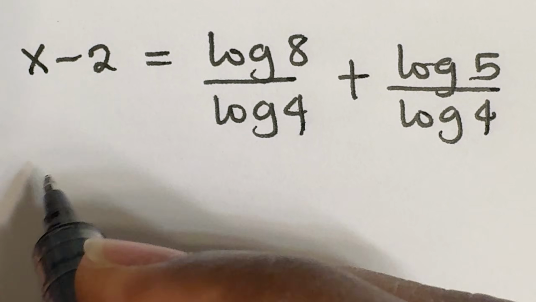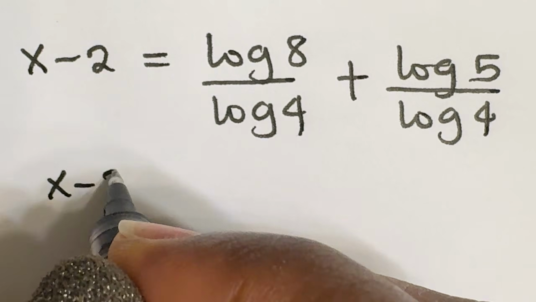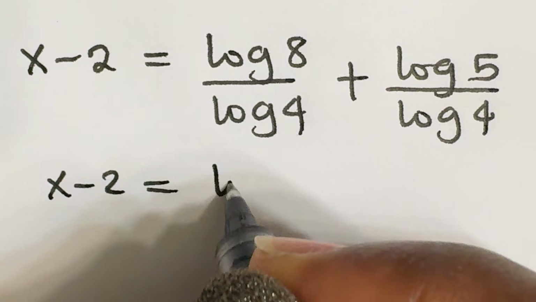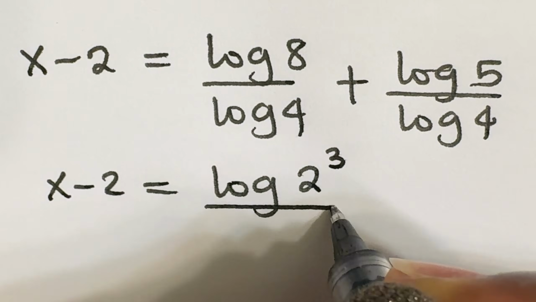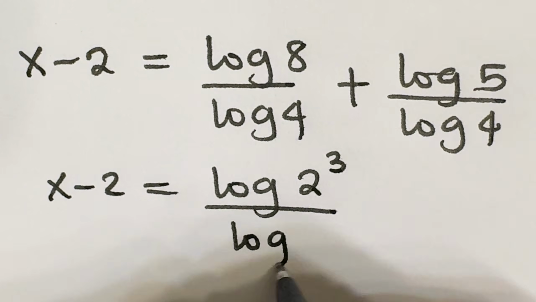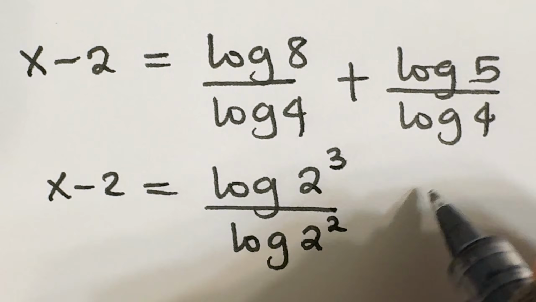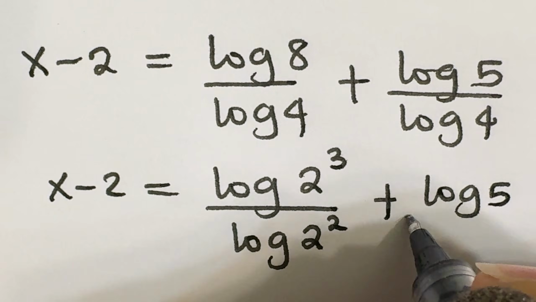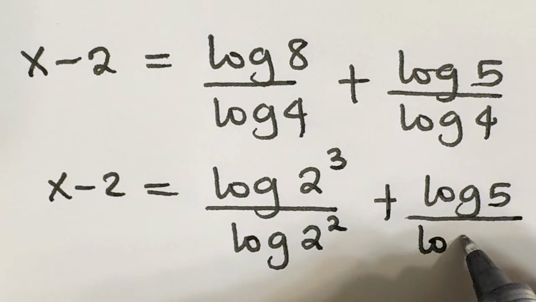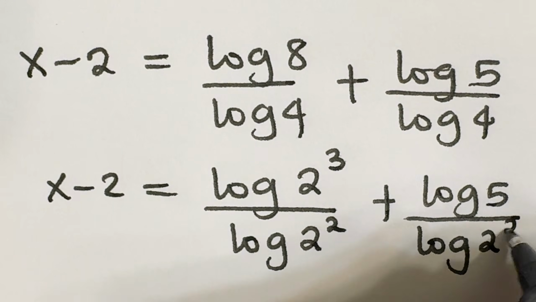Then we can express this as x minus 2 is equal to log 8 is 2 raised to power 3, then divided by log 4 is 2 raised to power 2, plus log 5 divided by log 4 is 2 raised to power 2.